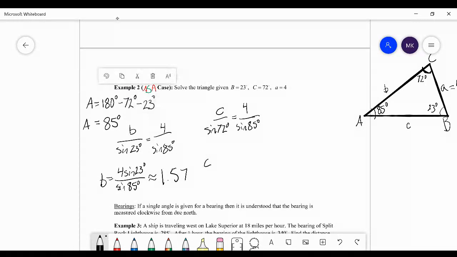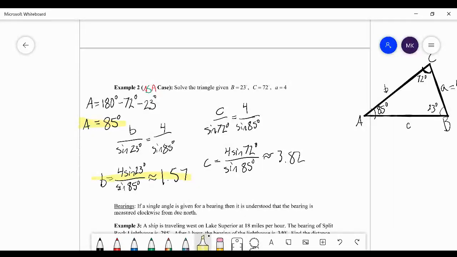And so we get that C is equal to 4 sine of 72 degrees over sine of 85 degrees, which is approximately 3.82. And there we have it. We have our angle A, our side B, and our side C. Very nice and simple, straightforward, hopefully. Okay.